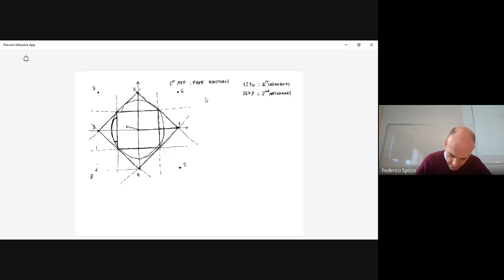So this is the deformation of the outer part.